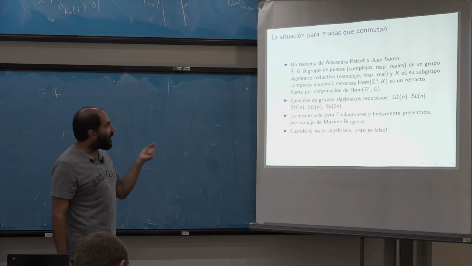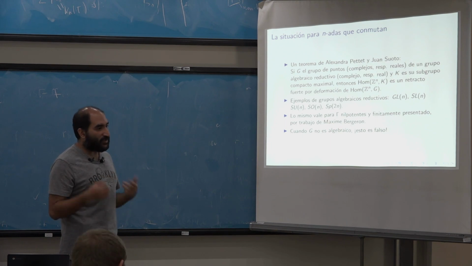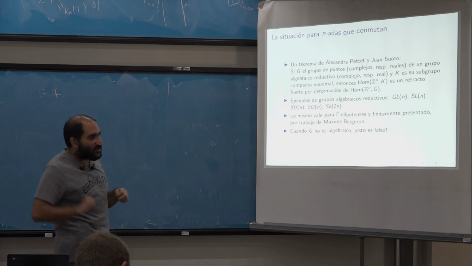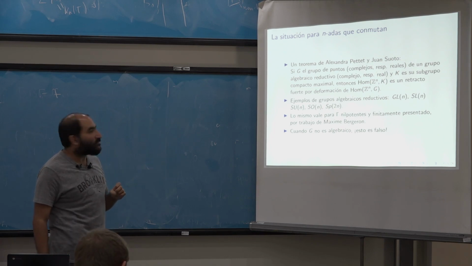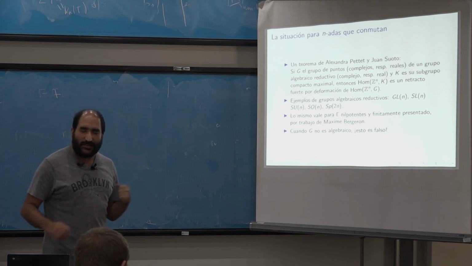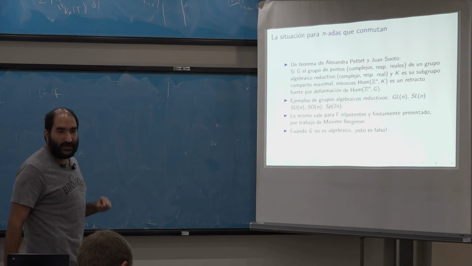This happens when either G is the space of complex points of a reductive algebraic group, or it's the space of real points of a real algebraic reductive group, right? And so that includes many of the familiar examples of the classical groups, GL_n, SL_n, SU(n), SO(n). So in all of those cases, for commuting n-tuples, you do get a homotopy equivalence.